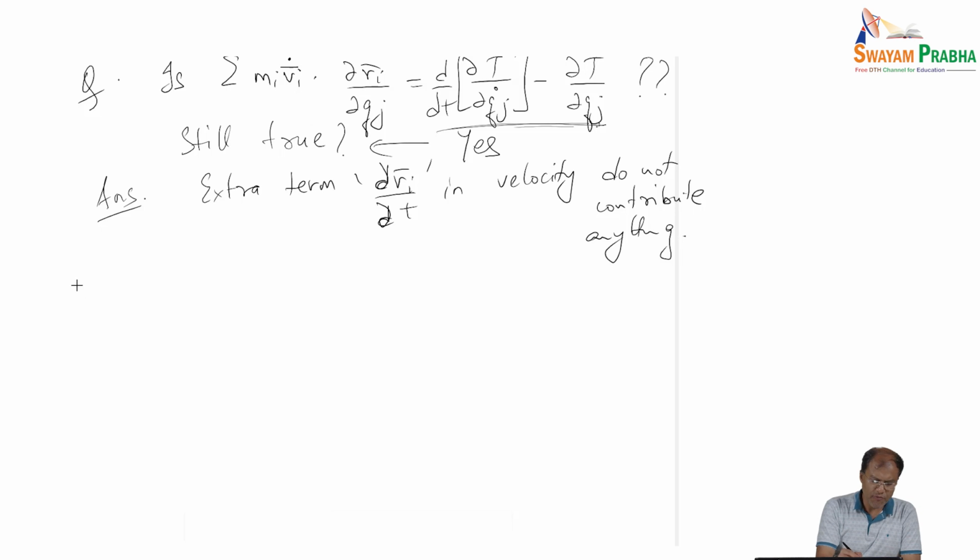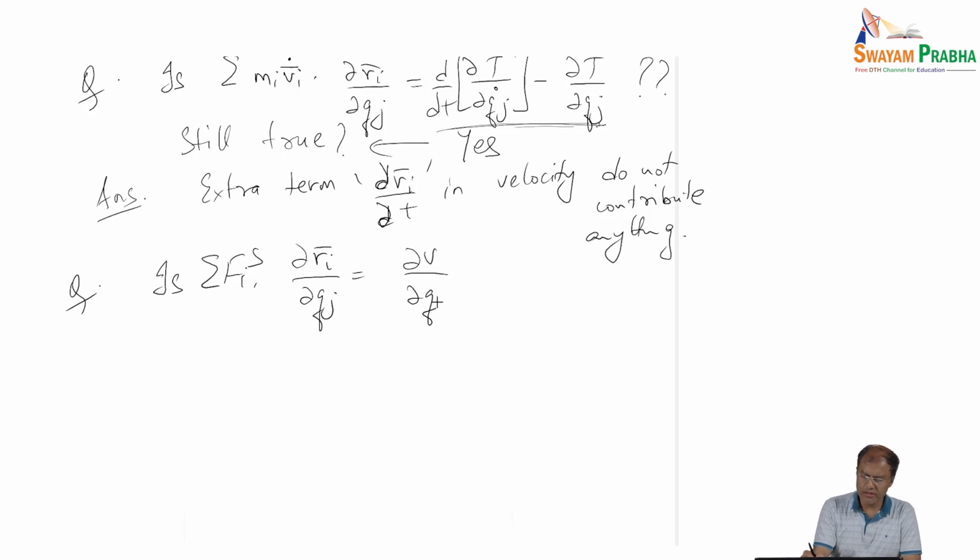And then finally the third question we need to ask is this quantity, summation Fi dot with partial ri partial qj, which is also equal to partial V partial qj. This is for the conservative system.